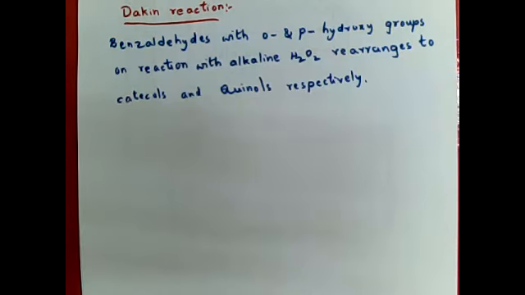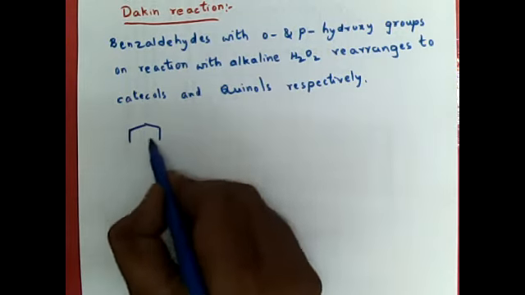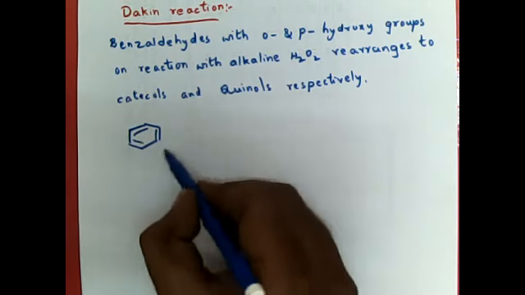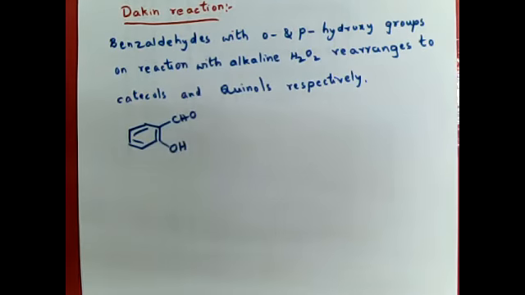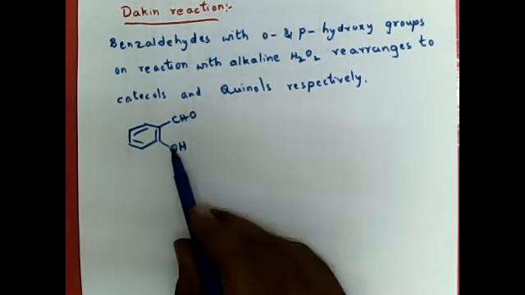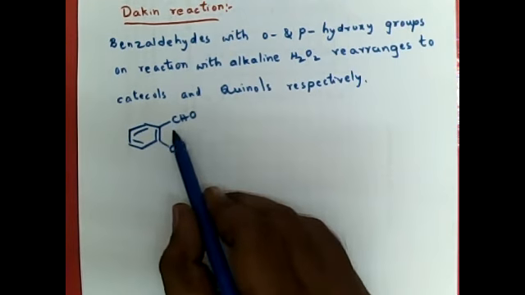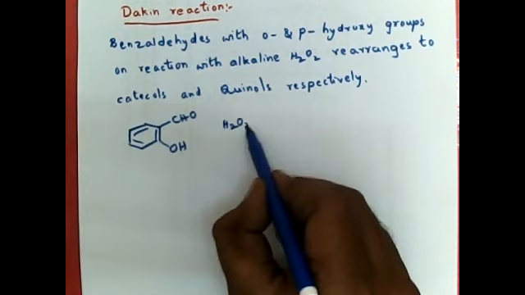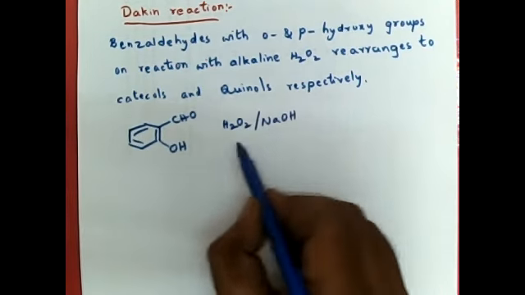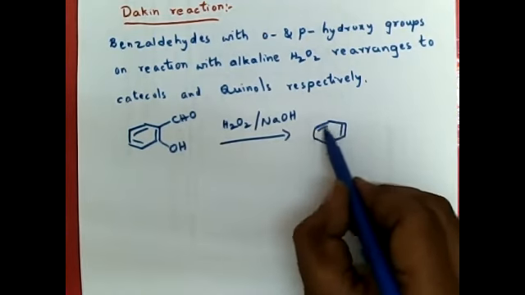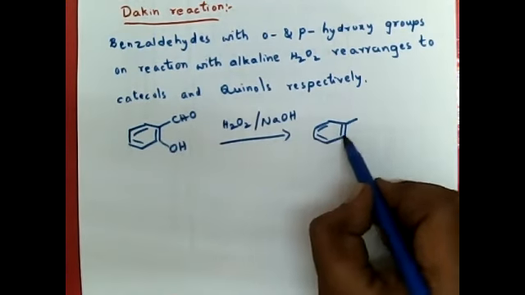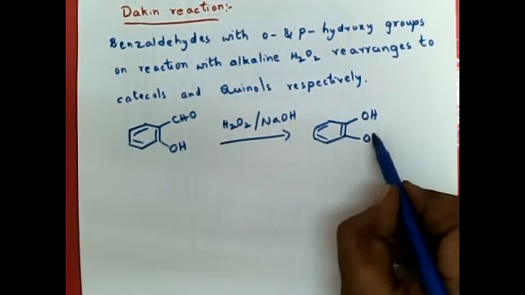Next, we will discuss Dakin reactions. What are Dakin reactions? Orthohydroxy benzaldehydes, generally called salicylaldehyde, when they are treated with hydrogen peroxide and sodium hydroxide, the aldehyde group will be converted to an OH group after phenyl migration.